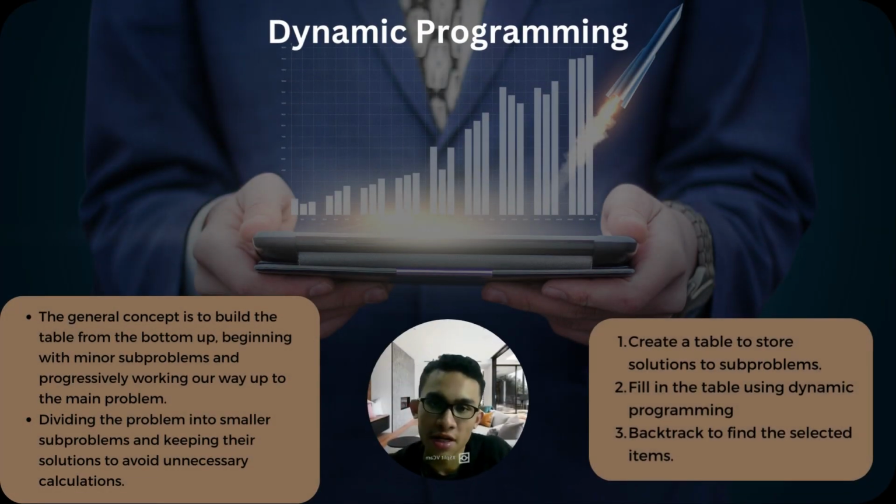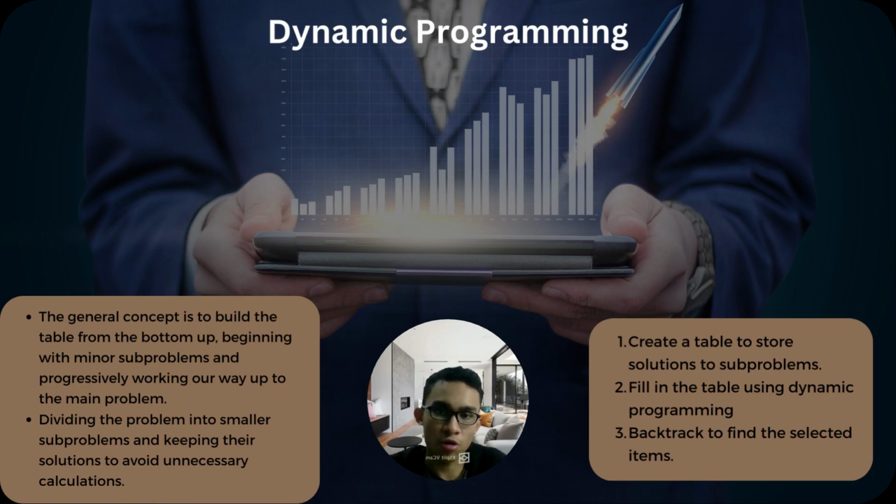So moving on to the next algorithm approach, which is dynamic programming. The general concept of dynamic programming is to build the table from the bottom up, beginning with the minor sub-problems and progressively working our way up to the main problem. The concept is dividing the problem into smaller sub-problems and keeping their solutions to avoid unnecessary calculations.